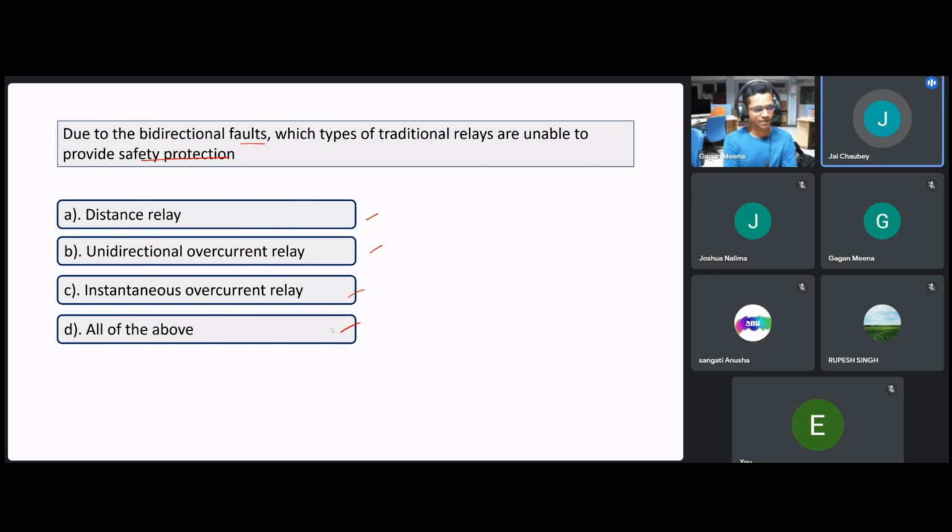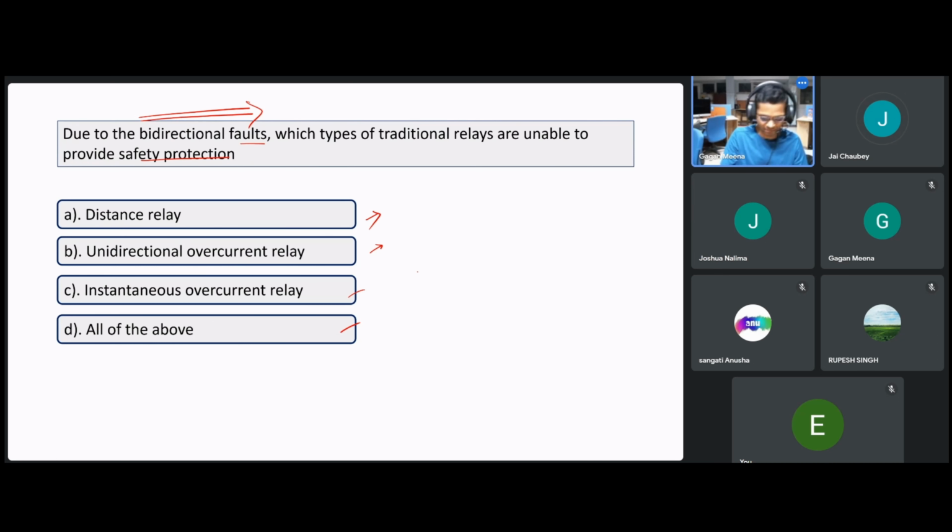Can you answer? It should be unidirectional overcurrent relay, because it senses current in only one direction. Correct. Because we want bidirectional protection. So unidirectional overcurrent relay will only provide protection against one direction of current.